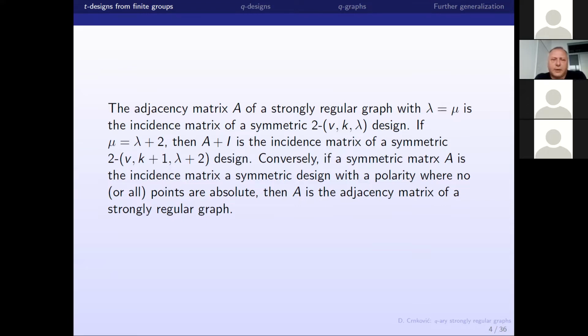And if we have the relation that mu is equal to lambda plus 2, then we add a diagonal, so we add loops at each vertex, and in that case the adjacency matrix becomes the incidence matrix of a symmetric design with parameters v, k plus 1, lambda plus 2. And we can go in the other direction too. So this is a well-known connection between strongly regular graphs with these specific parameters and symmetric designs.